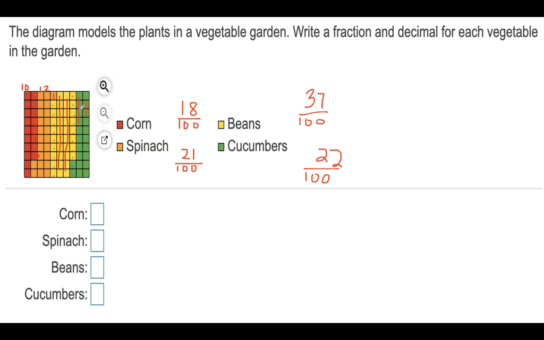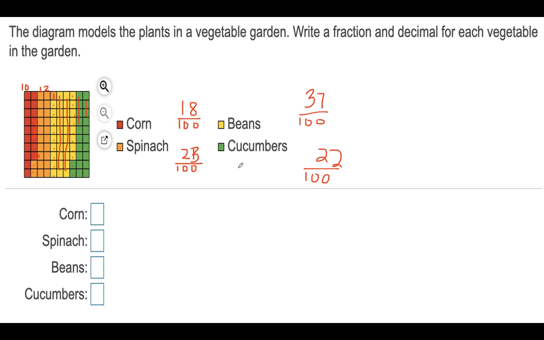So I miscounted somewhere, so we have to go back. So let's look again. And I see I made a mistake in my spinach because I only counted 21, but I forgot these 2 small spots here. And I know that I actually have 23. All right, so it's always good to do a check and make sure that you have your whole.